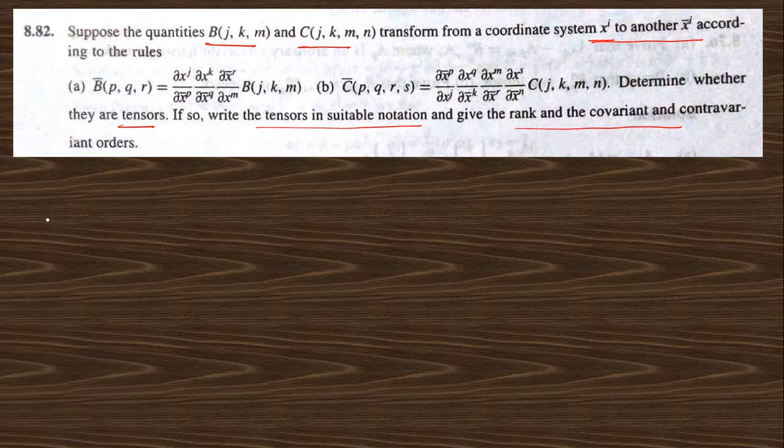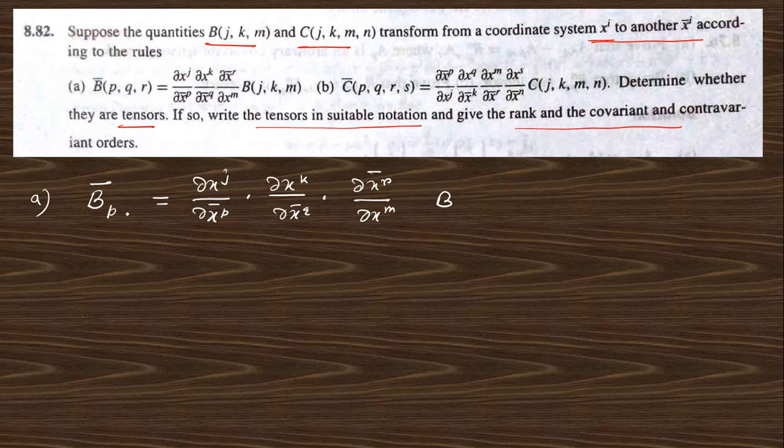So if I just want to write for one, that is given as B bar equals del x j, del x p bar, del x k, del x q bar, del x r bar, del x m into B. So you can see here, j x p, p is lower, so p here, q here and r here, and in that case this is j here, k here and m here, like this is the transformation.